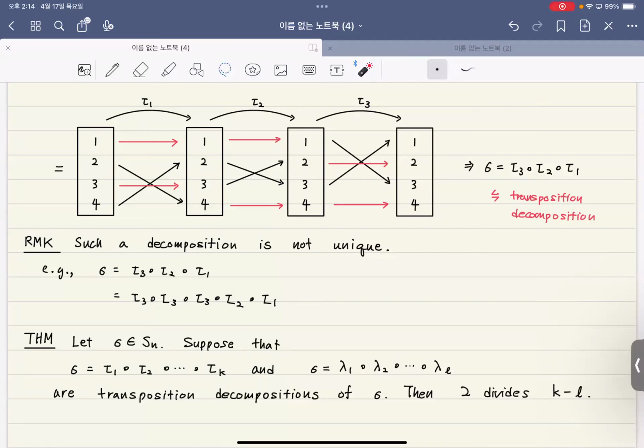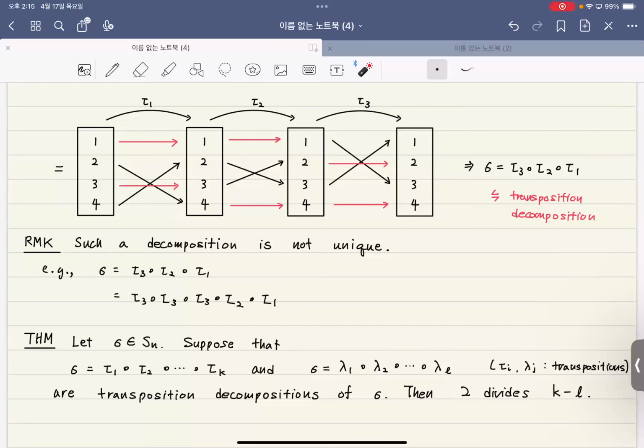K is the number of transpositions that appears in this decomposition, and L is the number of transpositions that appears in the other. Sorry, I have to mention that tau i and lambda j are all transpositions.